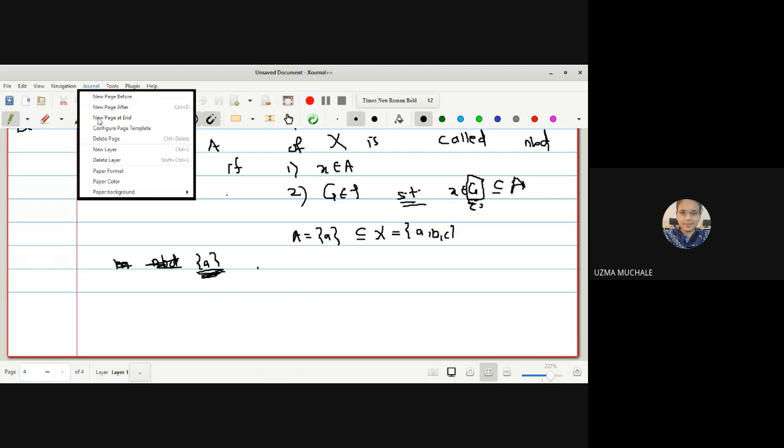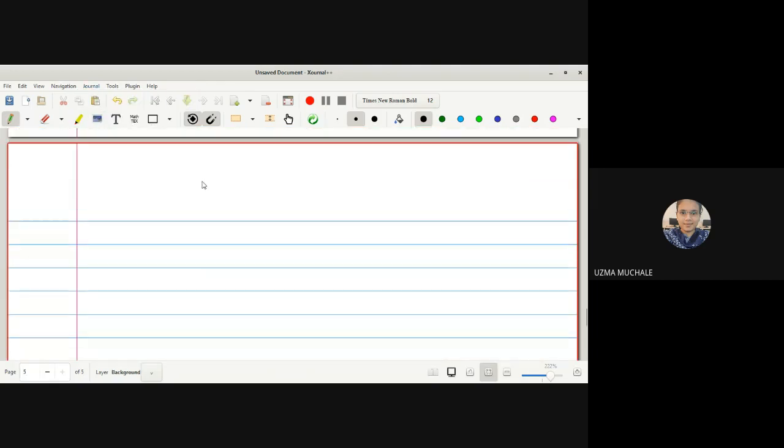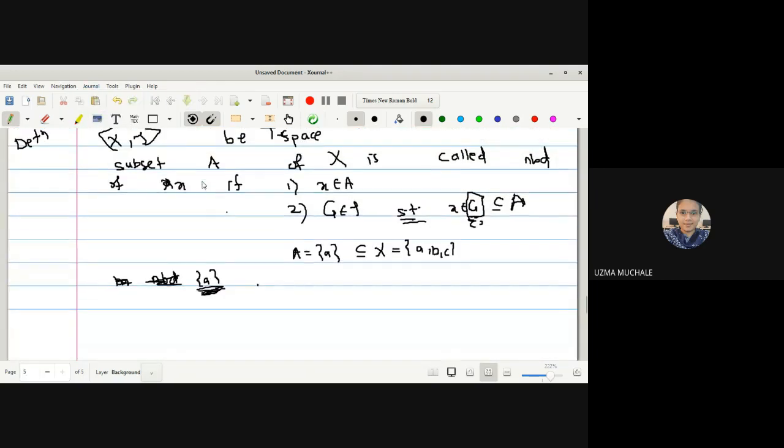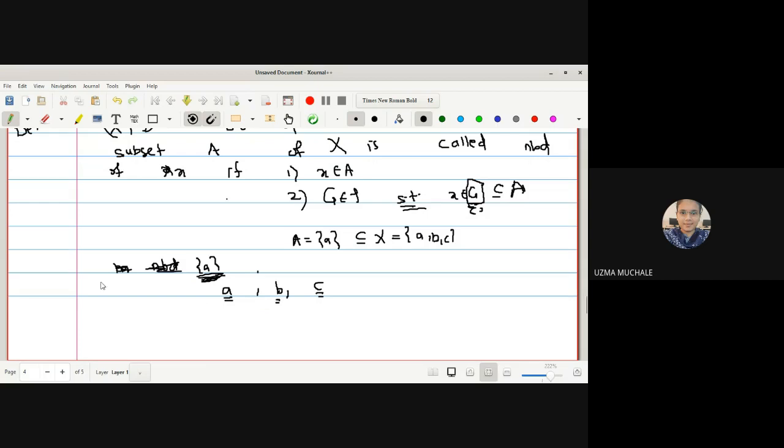If you understood the definition, find out the neighborhood of a point a. Sorry, here I have written singleton a. Actually, this is a neighborhood itself. So try to find out the neighborhood of a, b, and c. Here X is a, b, and c, so you have to find out the neighborhood of element a, element b, and c.